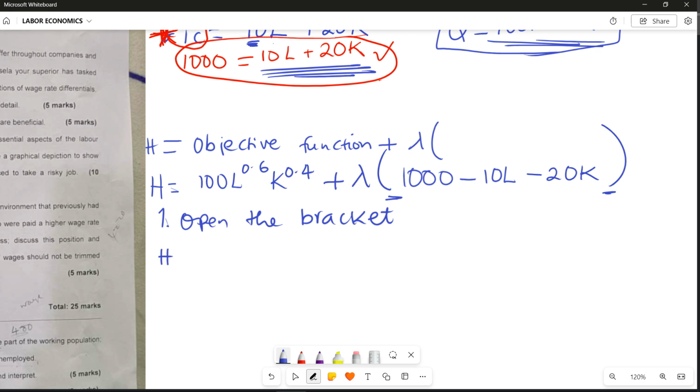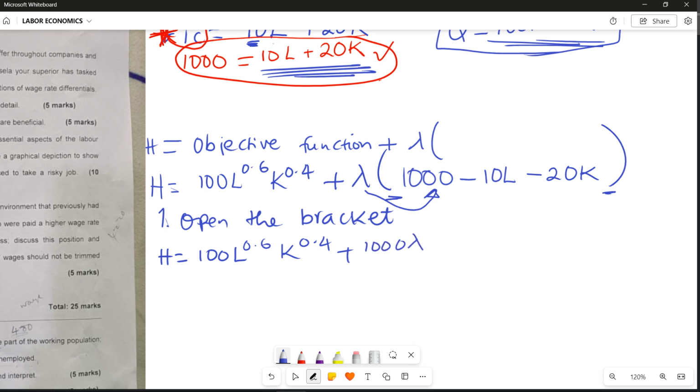So our h will become 100 L to the power 0.6, then K to the power 0.4, then plus. Now we're going to start multiplying this lambda times 1000. That will give us 1000 lambda.